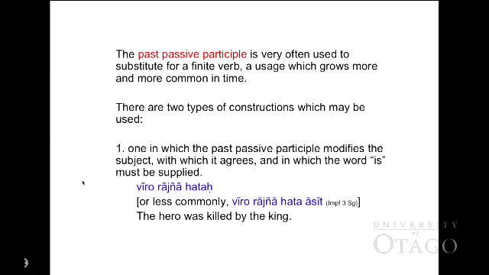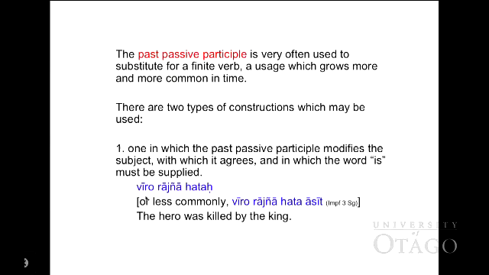The PPP is very often used to substitute for a finite verb, a usage which grows more and more common in time. There are two types of construction which may be used. One, in which the PPP modifies the subject with which it agrees, and in which the word "is" must be supplied.